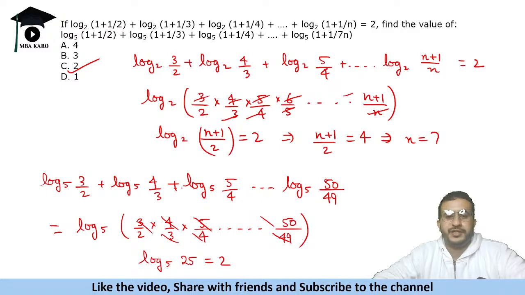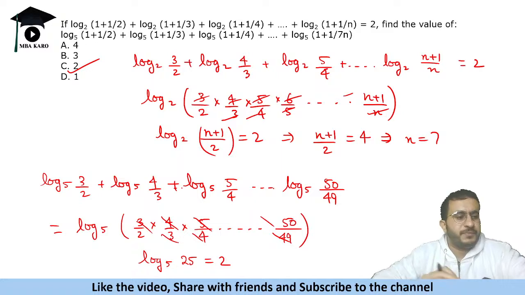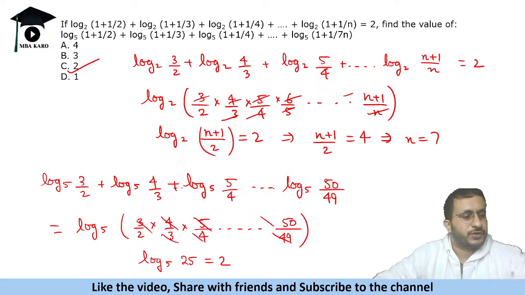No, it's a mere coincidence that both values are coming as 2. Yeah. So basic question on the properties of logs.